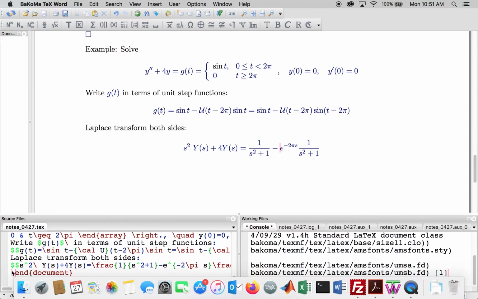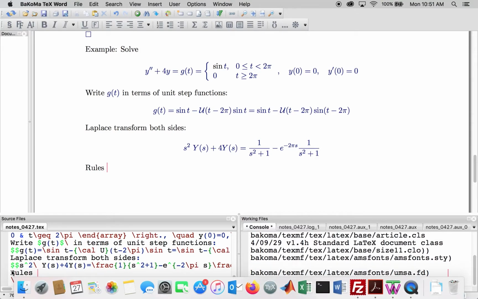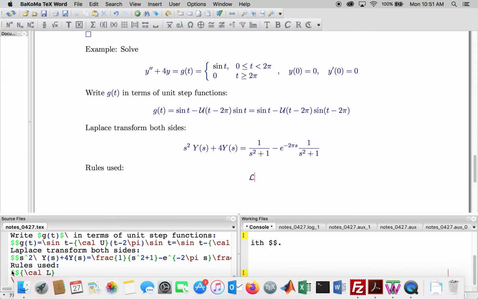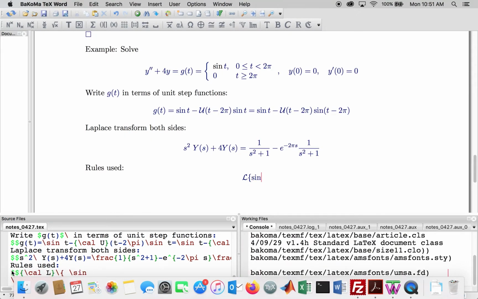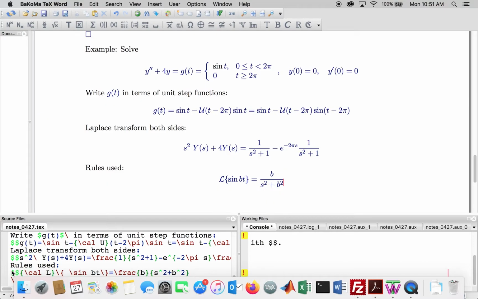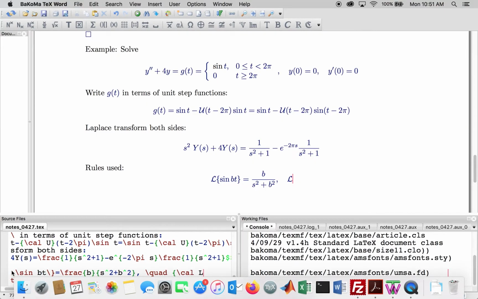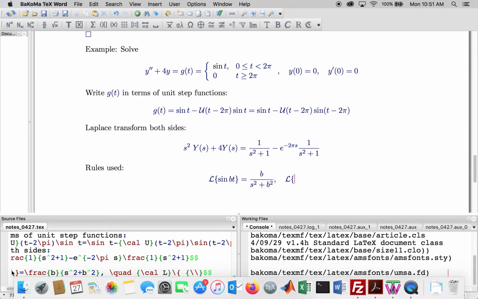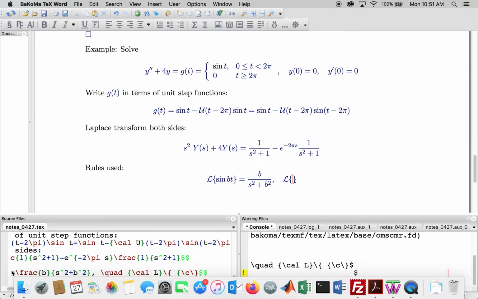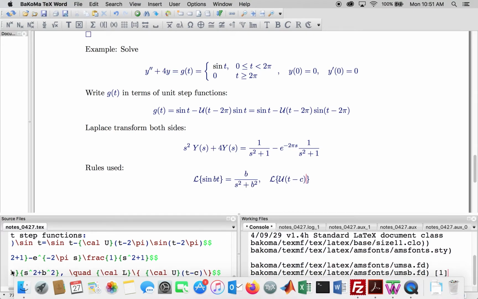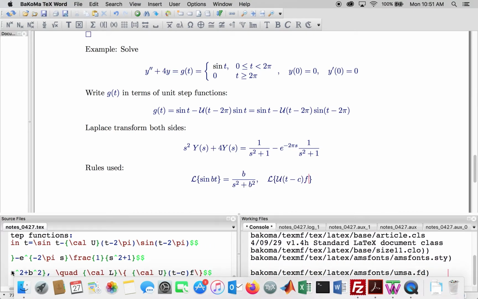So the rule to use, or the two that I used here: transform of sine bt is equal to b over s squared plus b squared, and then the transform of a unit step function u of t minus c times some other function also of t minus c.